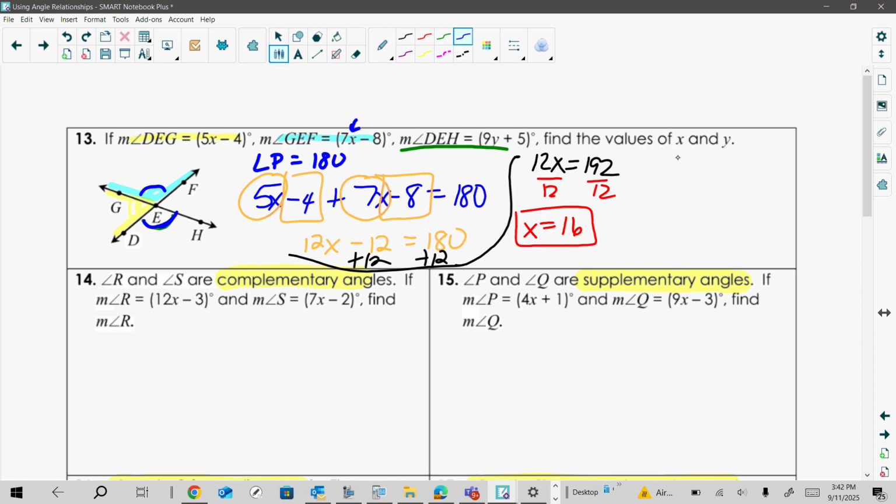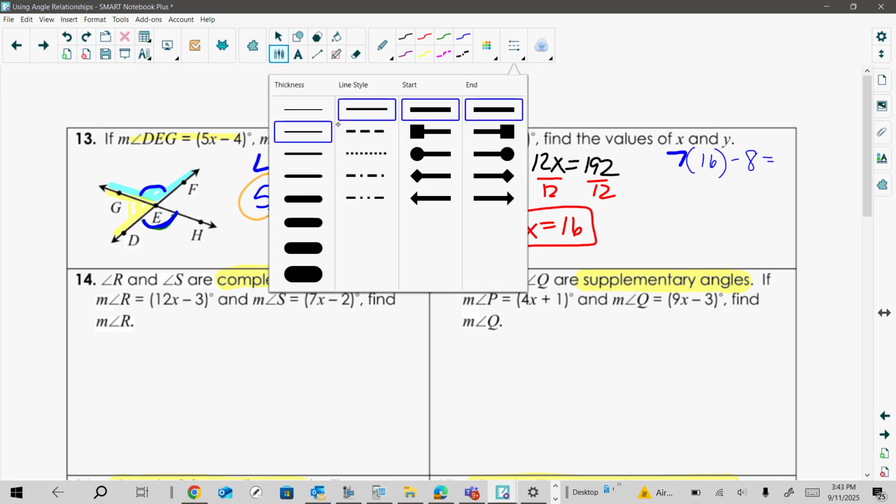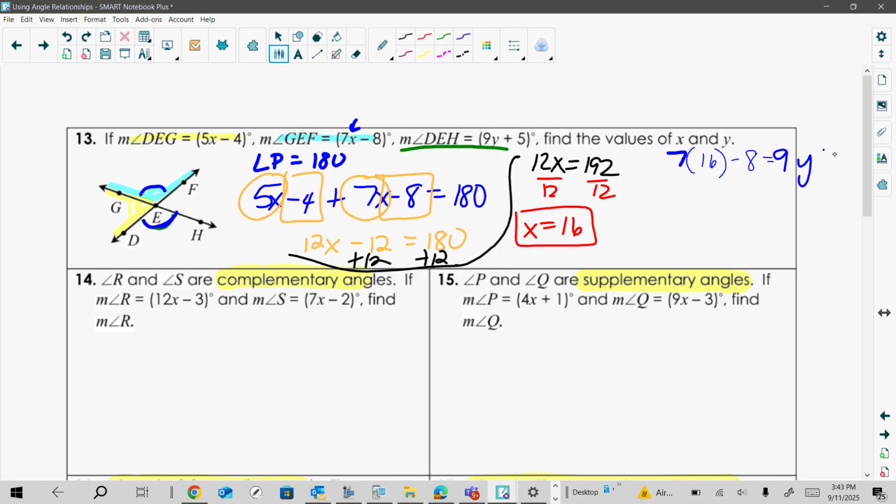So that means I'm doing 7 times x, which was 16, minus 8, and it's going to equal its vertical angle, which was 9y plus 5. Well, this comes out to be 104, so now I have the equation to solve for y.